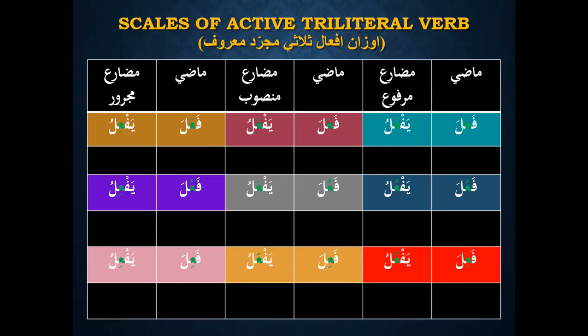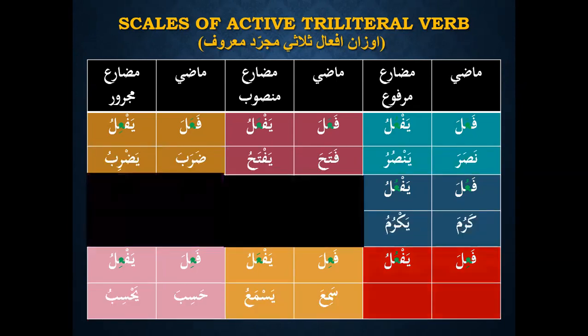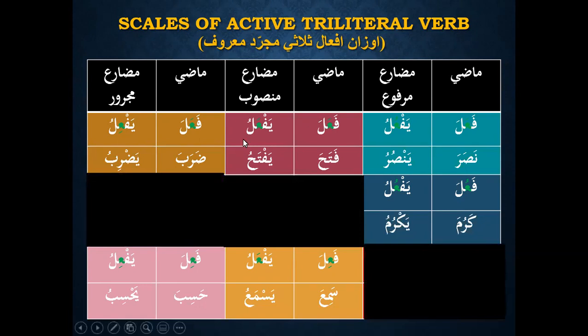Marfu, madmoom, and maksur, in Mudari and in Madi. So 3 and 3, that will become 9. But in Arabic, you only have 6 which are used. 3 are not in use. And these 3 are these. Okay, this is what we covered last week.